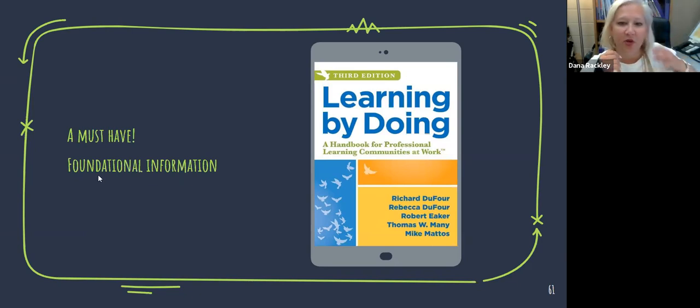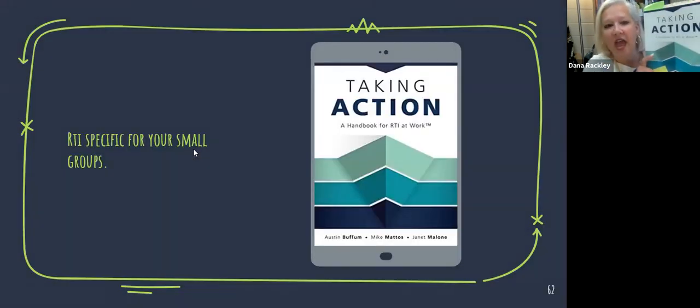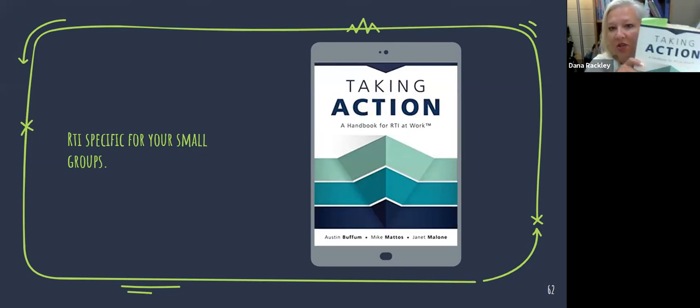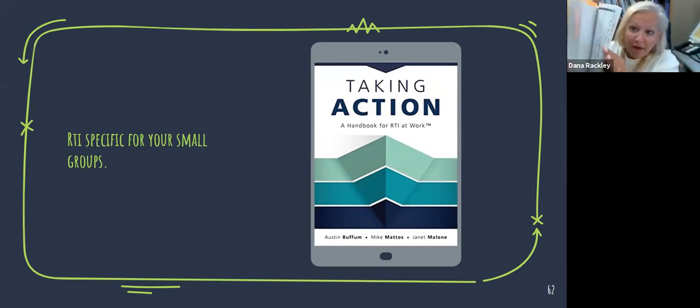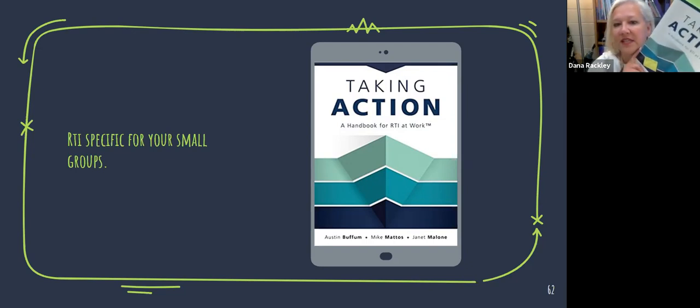The next book on the next screen is Taking Action. This takes a deeper look into the RTI process. There's a lot to the RTI process, so this is the next book that I would suggest getting if you don't already have this one.